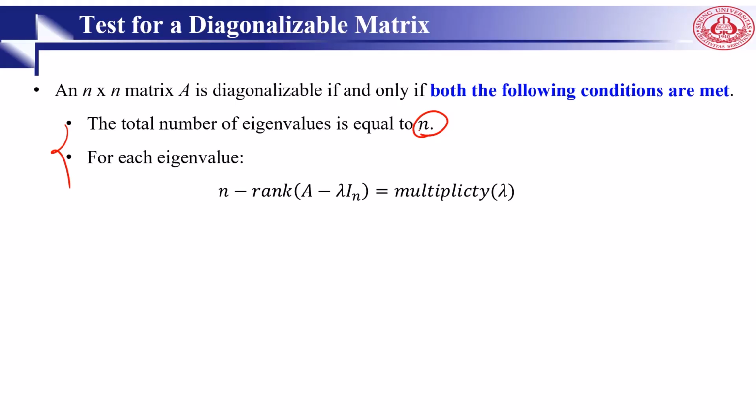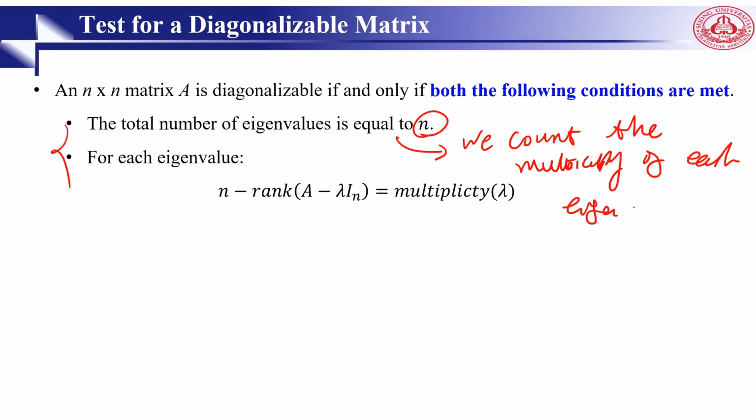It means we count the multiplicity of each eigenvalue. If the total multiplicity of the eigenvalues is equal to n, then we say it is diagonalizable.